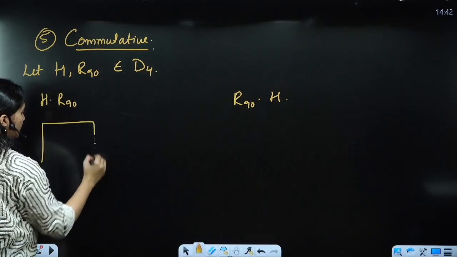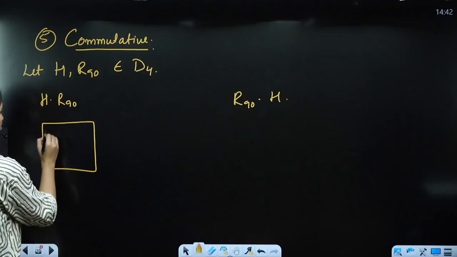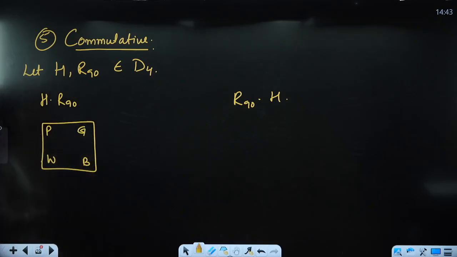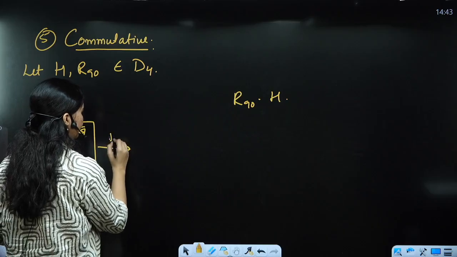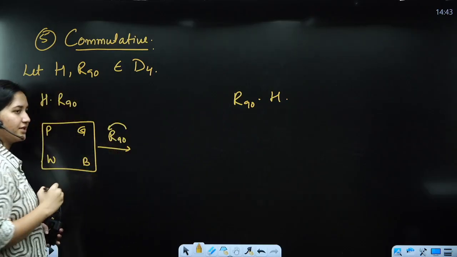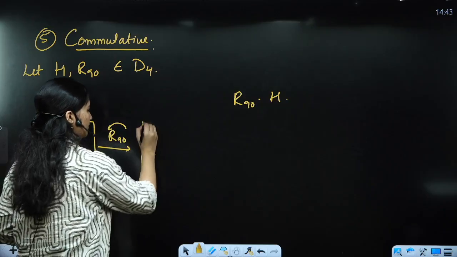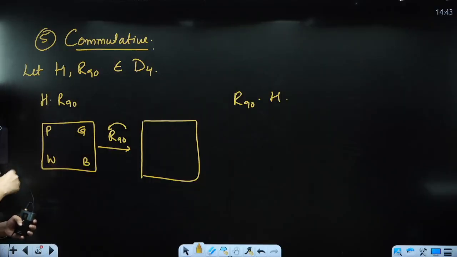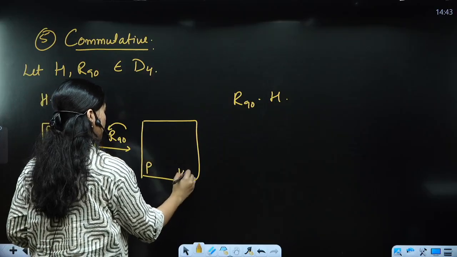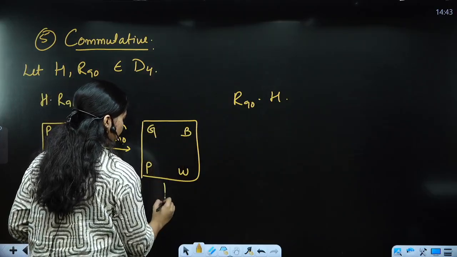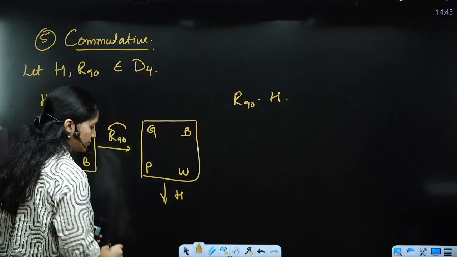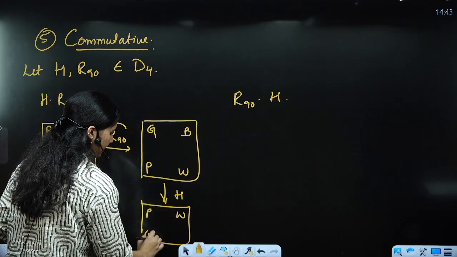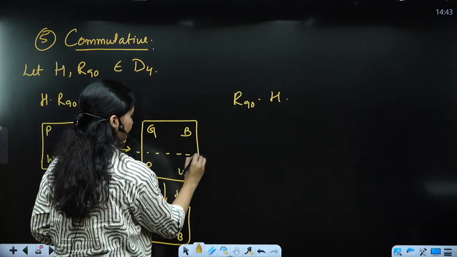Chalo, let's make a square. Now what do we have to apply first? R90. So R90 is what? Anti-clockwise rotation through 90 degrees. This will be, every element is going to shift one place anti-clockwise, right? This is P, W, B and then you are supposed to do horizontal reflection, that is going to be P and W and G and B. Right?